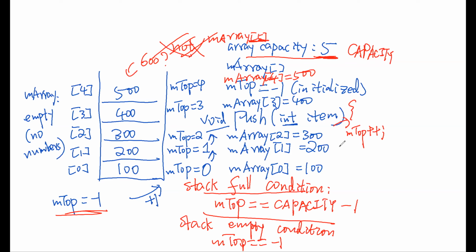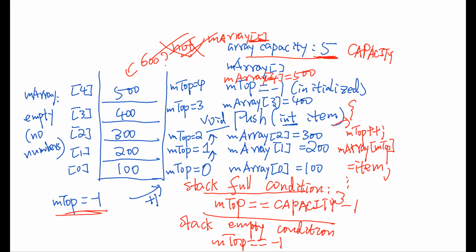And then your M array at the top index is going to be assigned that item. And we need to also deal with the error situation. So that's the general idea about how to implement the push operation.